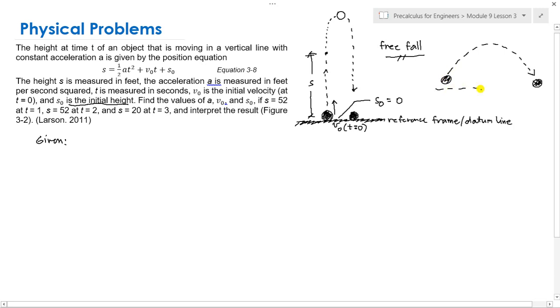Are you familiar with this type of motion? Okay, so you have some idea. This is a projectile motion. Free fall is different from a projectile because a projectile has horizontal velocity, whereas for free fall, only vertical velocity is present. And free fall is influenced by gravity g.